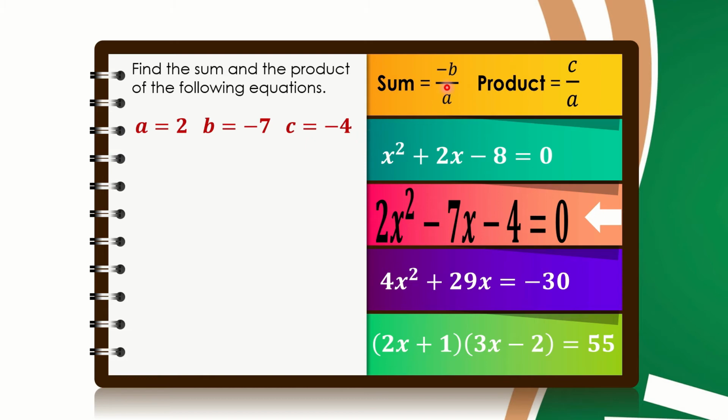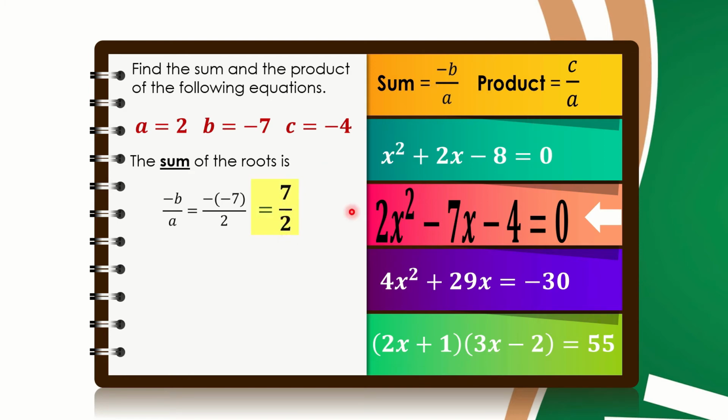Substitute these values to the formula in getting the sum and product. So the sum will be negative times negative 7 for b all over 2 for a. Simplifying this one, we will have 7 over 2 or 7 halves.